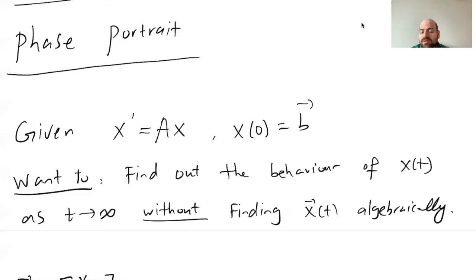The solution has two coordinates, so it could approach 0 and 0, or 0 and infinity, or infinity and minus infinity, or infinity and infinity. One way is to find the solution and then take the limit as t goes to infinity, but we want to find out about the behavior without finding the solution, only using the graph.